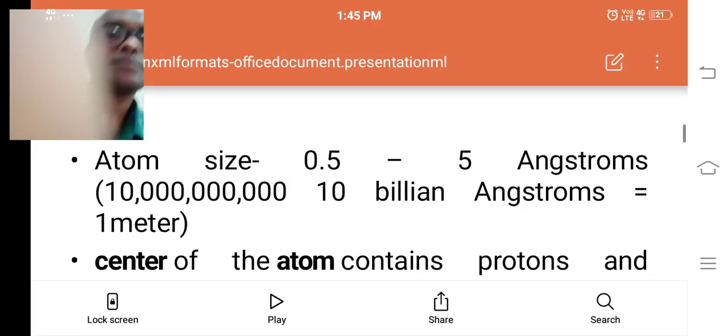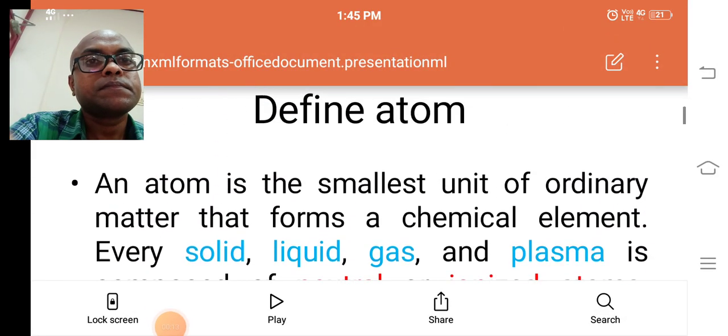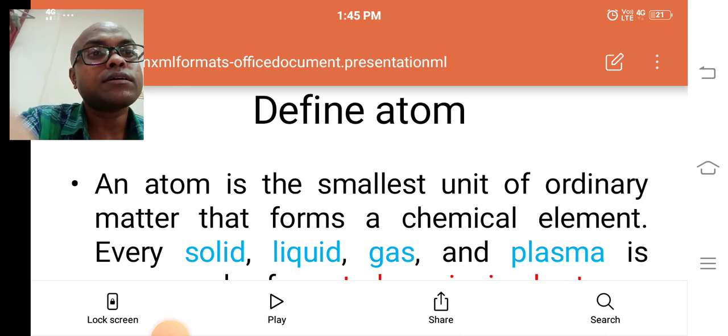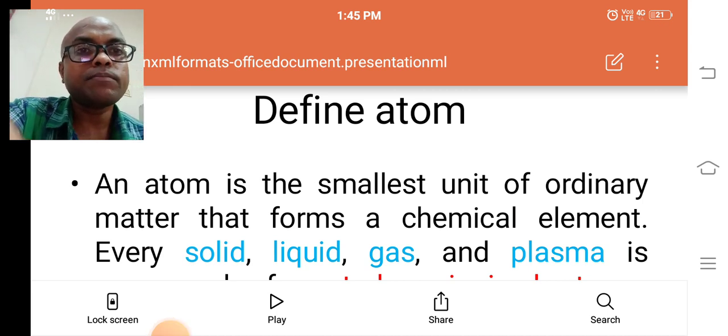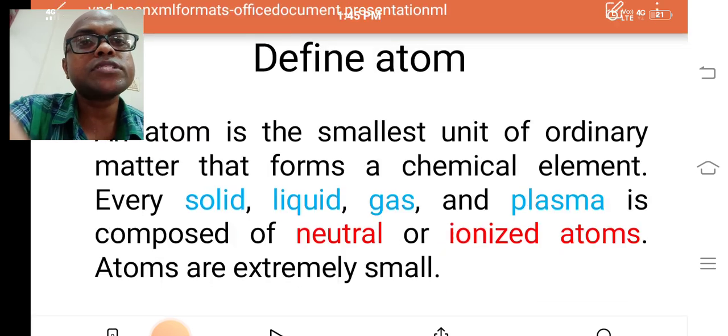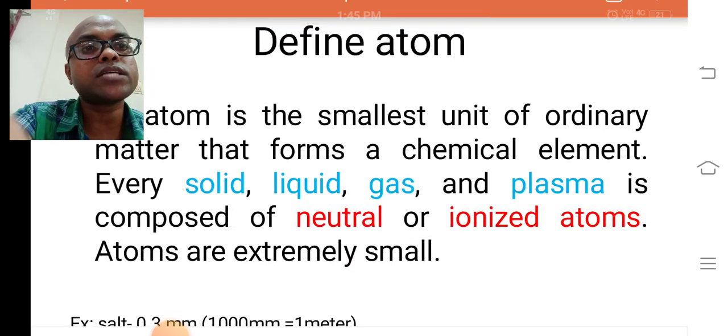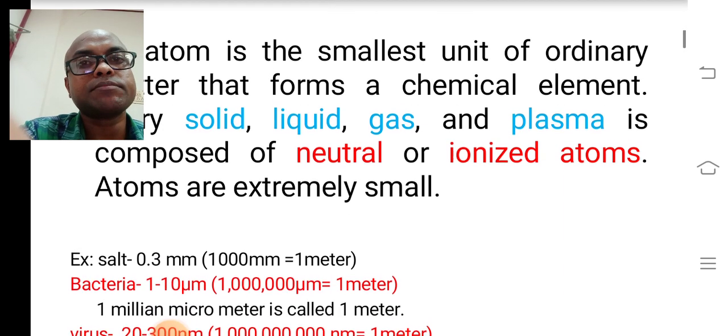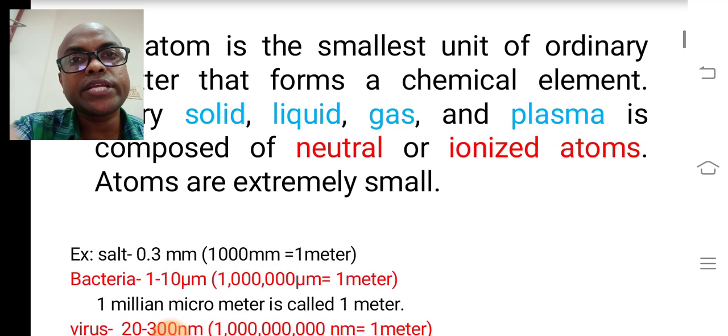First of all, the definition. An atom is the smallest unit of ordinary matter that forms a chemical element. Every solid, liquid, gas and plasma is composed of neutral or ionized atoms. Atoms are extremely small.